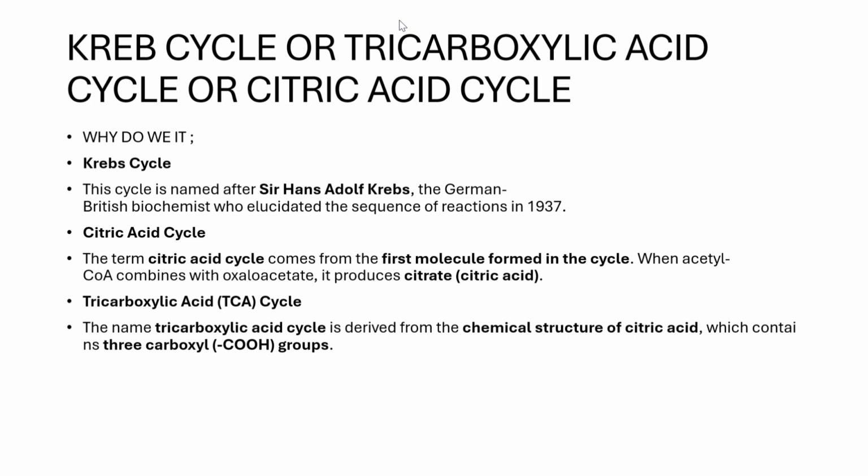Let's start. The question is, when do we call it the Krebs cycle, and when do we call it the tricarboxylic acid cycle or citric acid cycle? We call it the Krebs cycle because it was named after the one who elucidated the sequence of the reactions in 1937.